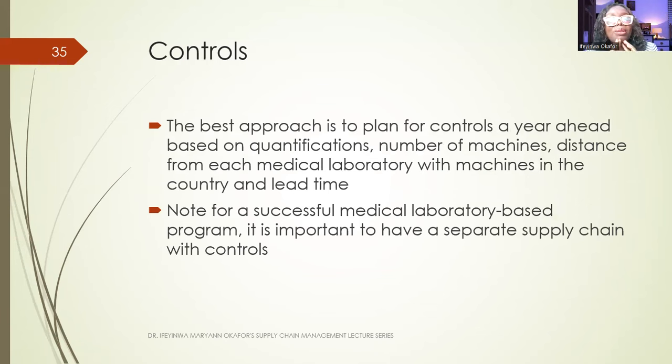The best approach to the question that I just asked is to plan for controls a year ahead, based on quantification, the number of machines, the distance from each medical laboratory with a machine in the country, and lead time.